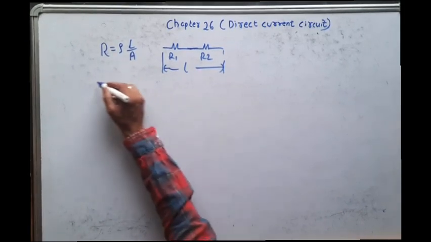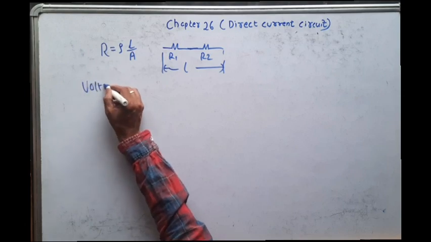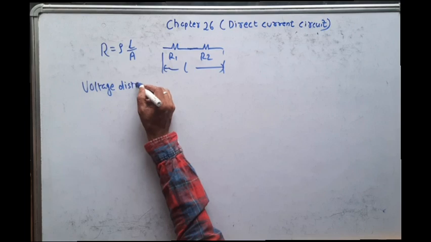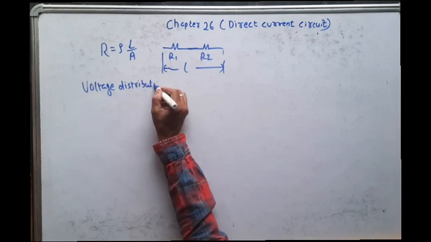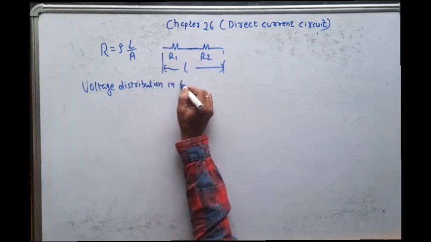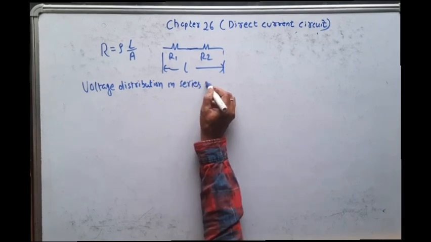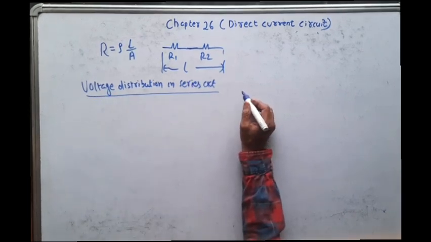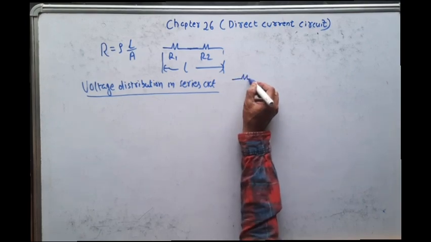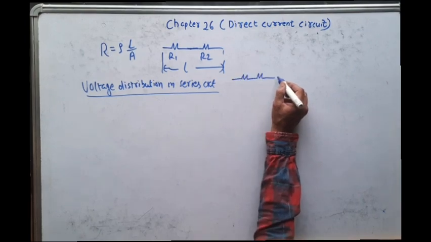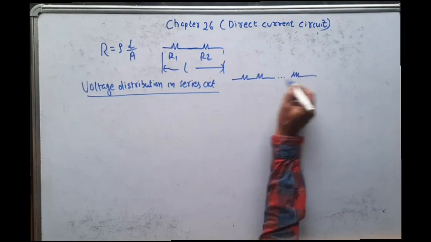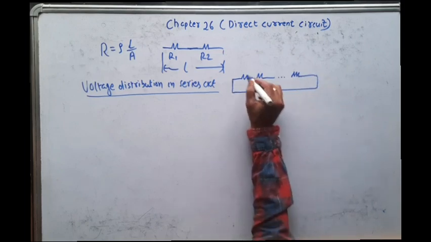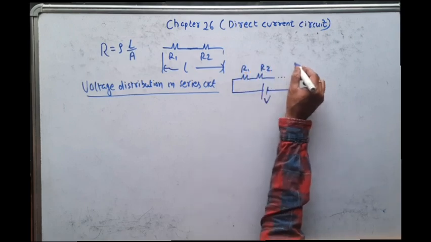Okay. So now let's discuss how the voltage is distributed among all the resistors connected in series. Voltage distribution in which circuit? In a series circuit. So how is the voltage divided? Now you see, let us say there are n number of resistors connected in series to a voltage source V. This is R1, this is R2, this is Rn.